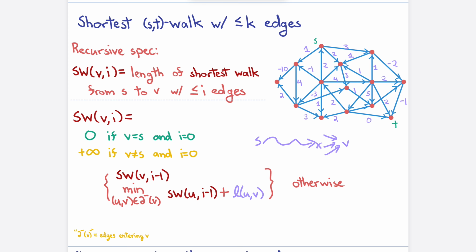I can go through the notation. Here I'm saying, let me go to v in i minus 1 steps. That's one option. The other option is, let me look at all the vertices u that have some edge going into v. I can try to get to u with 9 edges as best possible, and then take that 10th edge from u to v if i was 10.